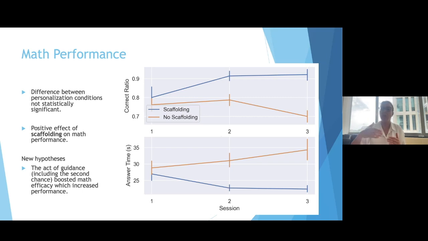Instead of just moving on to the next problem, they were able to solve that particular math problem at that time. It might be that this boosted the children's math self-efficacy overall, which could be an important factor for math performance as well. We can go to the next slide.